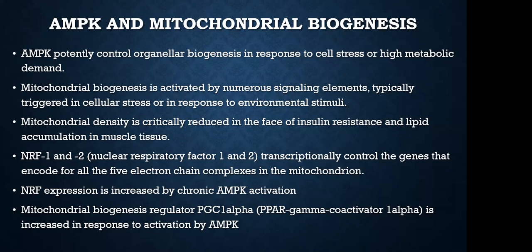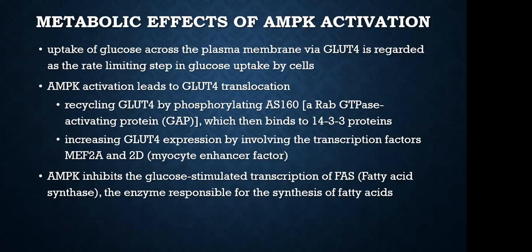And so that becomes huge, obviously, for any kind of mitochondrial and metabolic dysfunction within the cell that can lead to a lot of different diseases, cancer being one of them. The mitochondrial biogenesis regulator PGC1 alpha is increased in response to activation by AMPK. So these are just some examples of AMPK and its impact on the mitochondria and mitochondrial biogenesis.